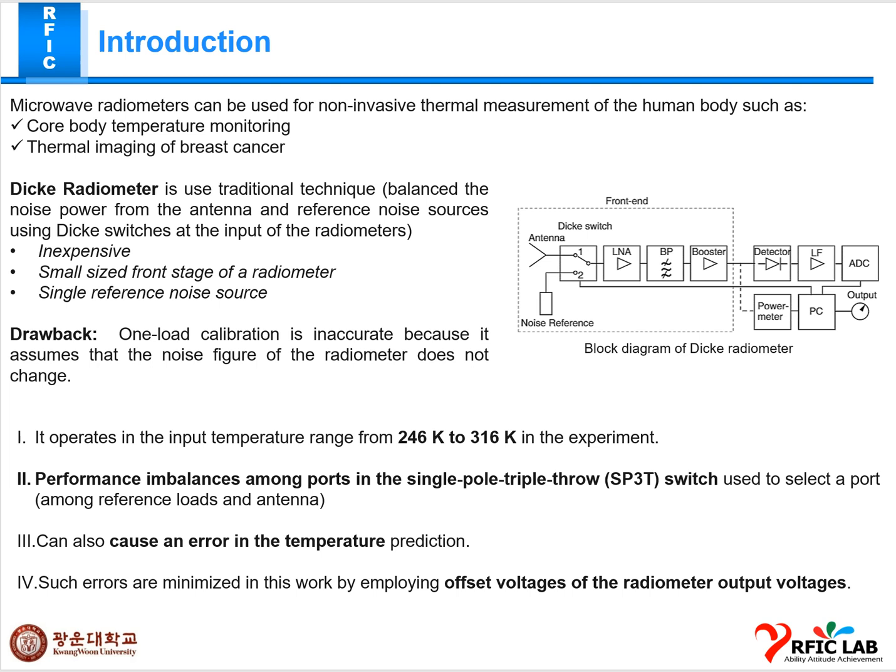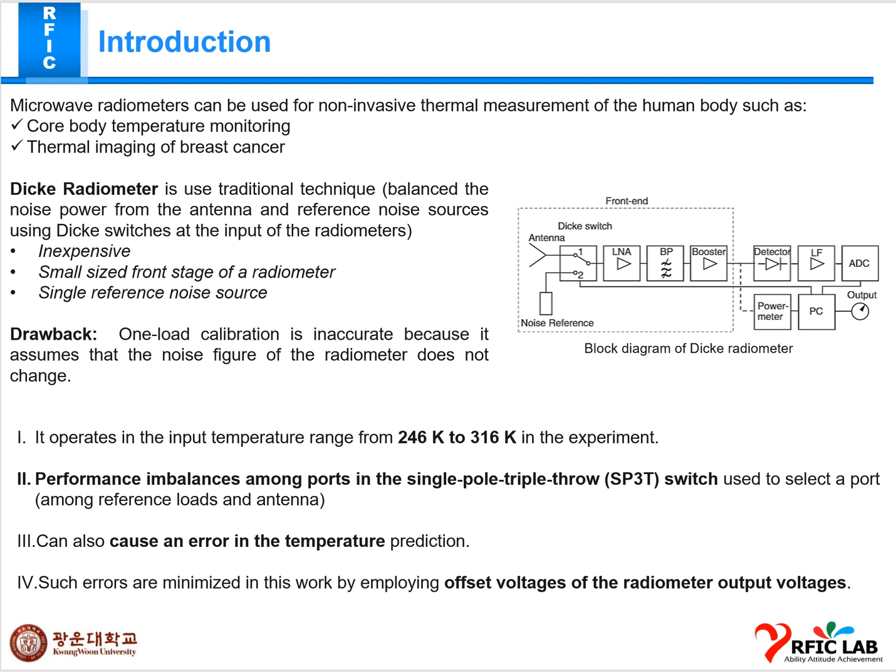You can see in this block diagram that it has certain partitions, like the front end. In the front end it has a noise source, antenna, and a Dicke switch, low noise amplifier, band pass filter, and booster.